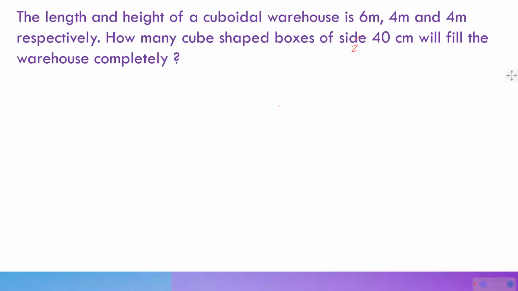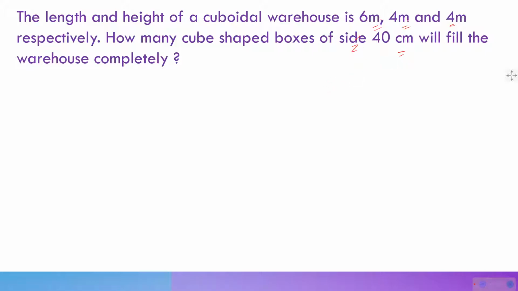Before proceeding, I would like to tell another important thing related to doing sums of this kind of situation. A rough diagram is always good. Second, you need to check the unit. Here it is meter, here it is meter, here it is meter, here it is centimeter. As always, we cannot deal with different units.